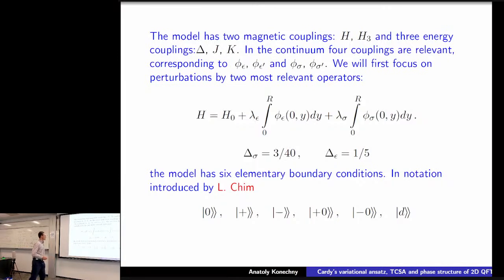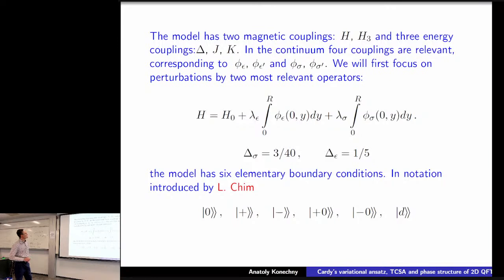You can think of them as 0, meaning pinning the lattice variable to be 0 on the boundary, +1, -1, and then +0, that's a new one. We didn't have this in the Ising model. This is when on the boundary you can have either +1 or 0. Same for -0. And D is essentially a free boundary condition, but for historical reasons it's denoted by D for disorder.